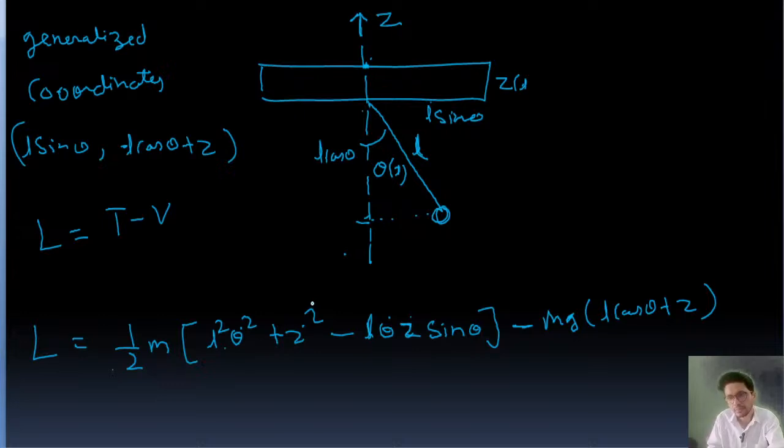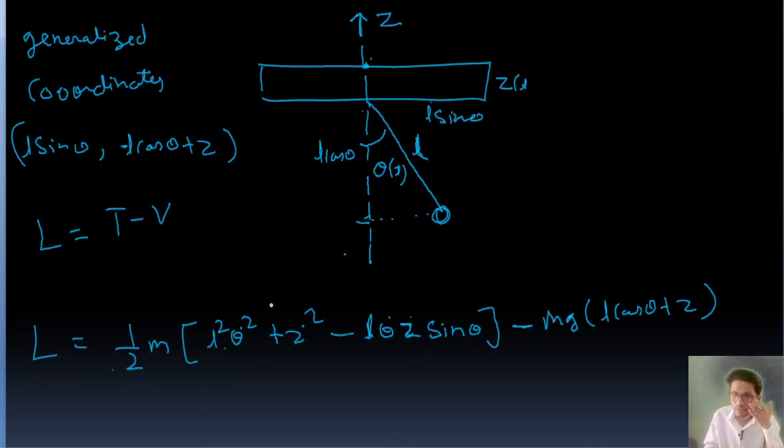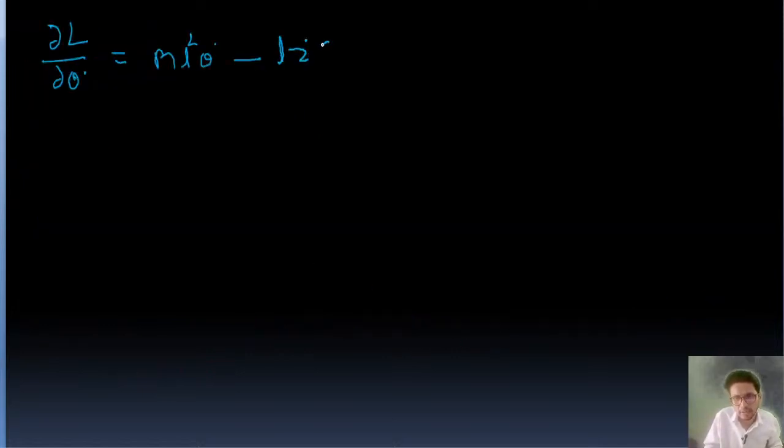We differentiate with respect to theta dot: the 2 cancels, so we get m L squared theta dot, minus, the next term is 0, and then L Z dot sin theta.